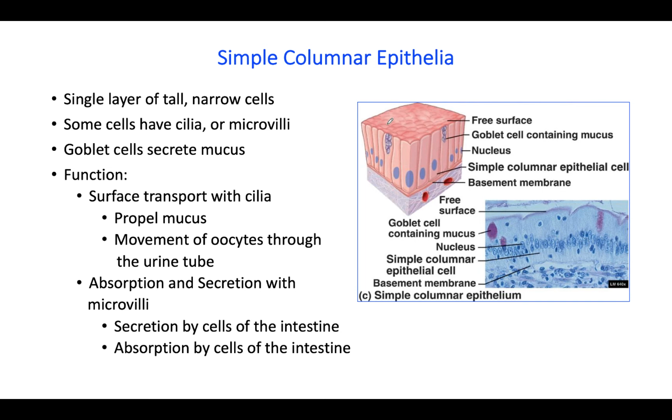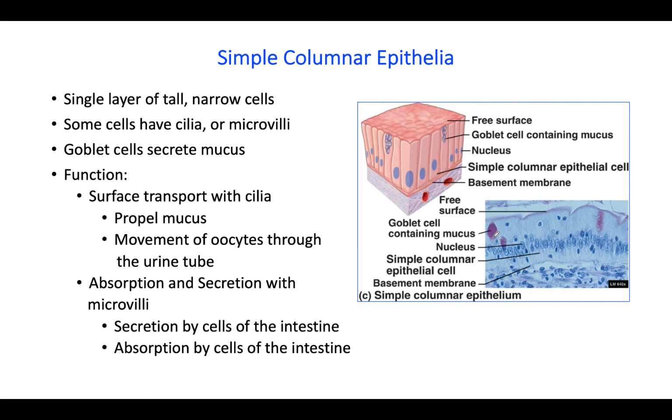Some cells have cilia, or some columnar epithelia have microvilli. Cilia and microvilli are different. Simple columnar epithelia have goblet cells. Goblet cells secrete mucus. If you look at this part here, a goblet cell looks like a champagne glass.